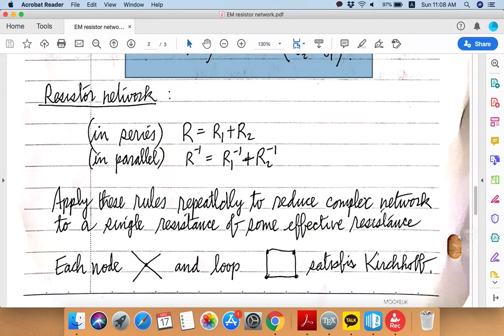Okay, so now let's move to the main theme that I want to discuss in this lecture, which is the resistor network. A resistor network is a problem of solving for the net resistance when there are many resistors, and some of these resistors are connected in series, and some of them are connected in parallel.